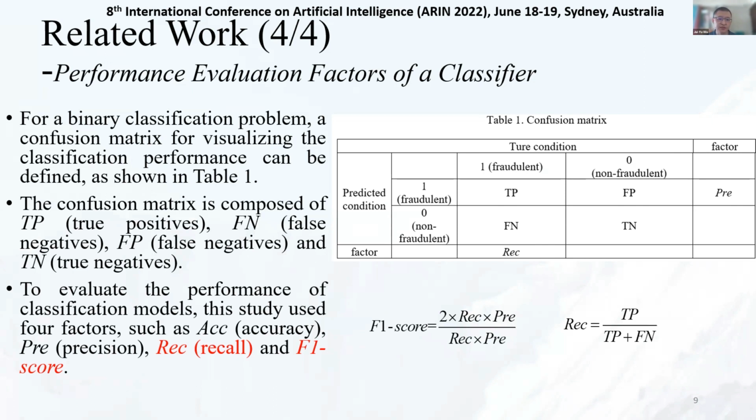To evaluate the performance of classification models, this study used 4 factors such as accuracy, precision, recall, and F1 score. This study used the F1 score as the first factor. The F1 score balances recall and precision. And the second factor is recall.